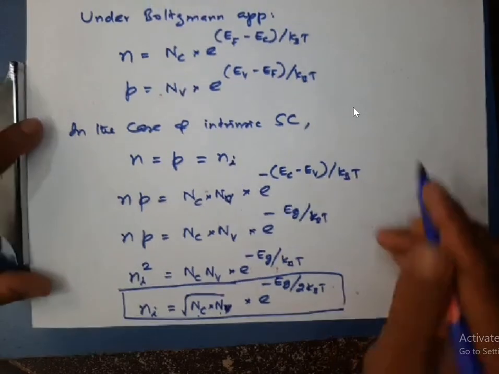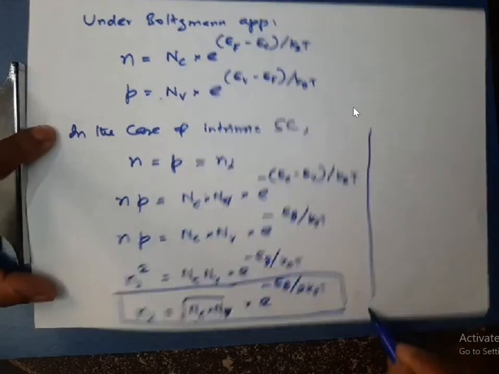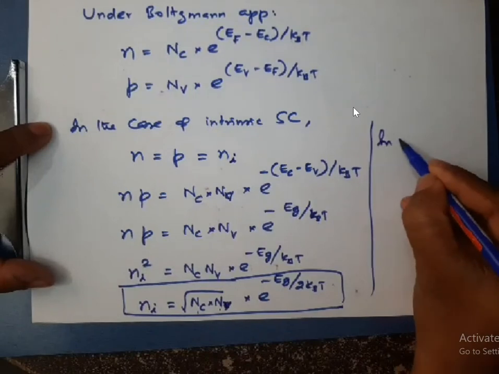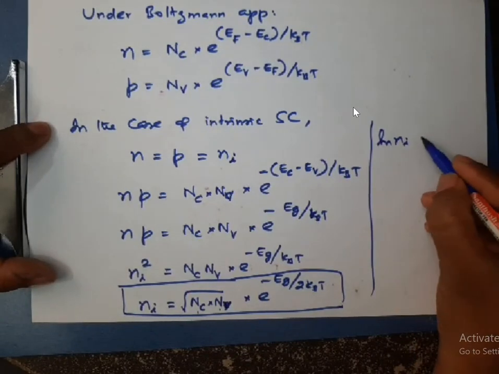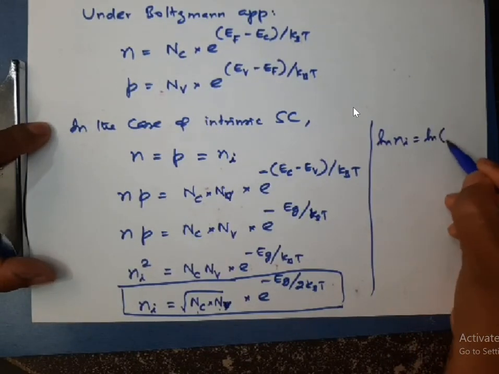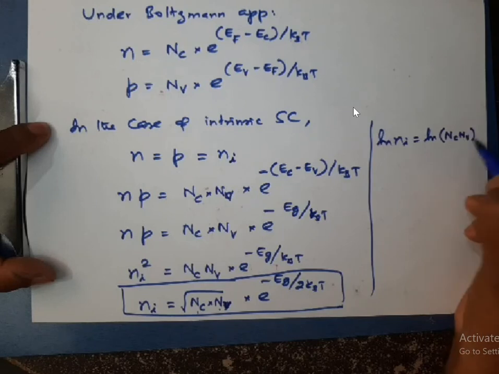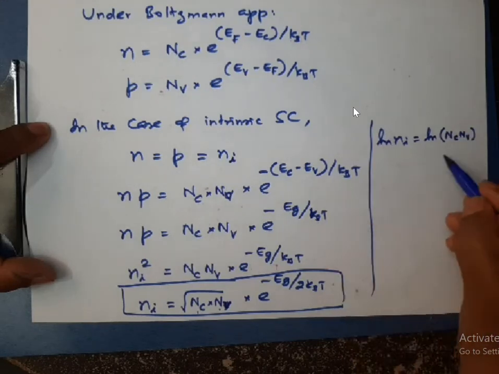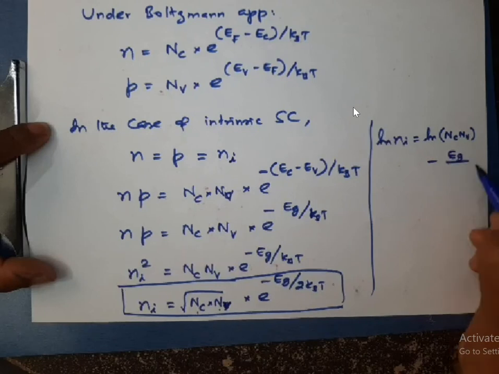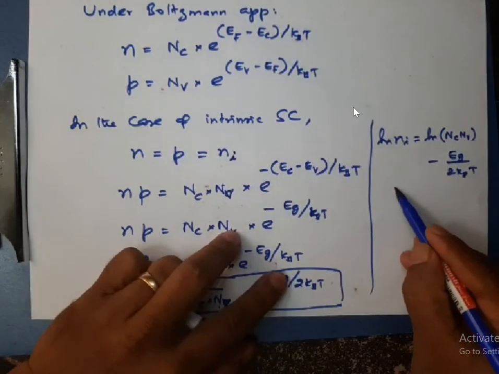Now let me take a logarithm of this. If you take the logarithm, I'll get ln Ni equal to ln of this constant Nc into Nv, minus Eg by 2 kBT.